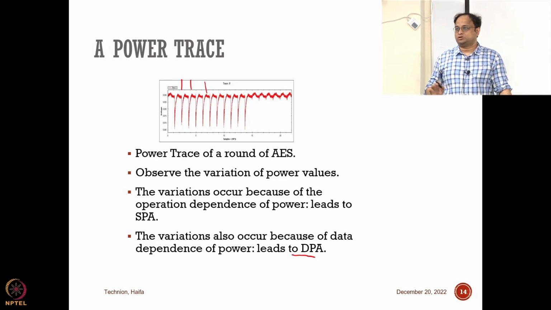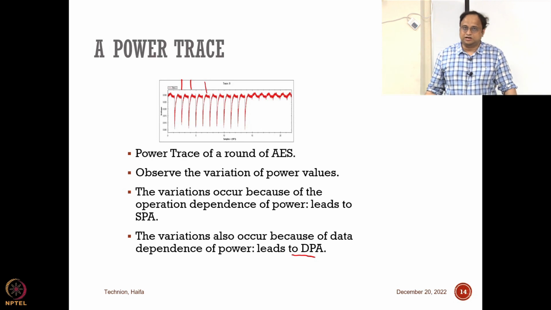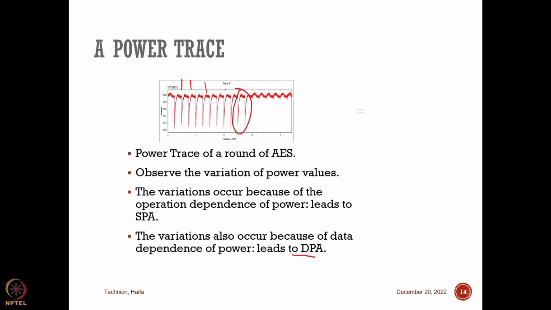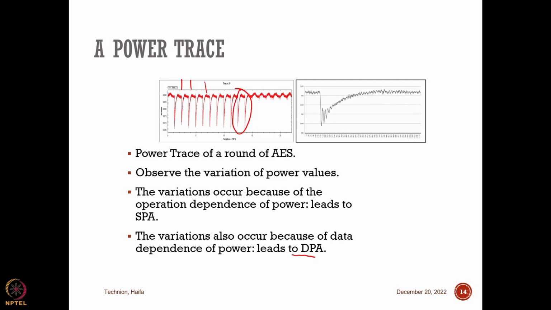There you need more statistical techniques, because you need to exploit the fact that the power consumption depends upon the underlying data. To understand that, you can zoom into one of these rounds and see what is happening, and here is a zoomed-in version. Inside the round you can see different kinds of power signatures.